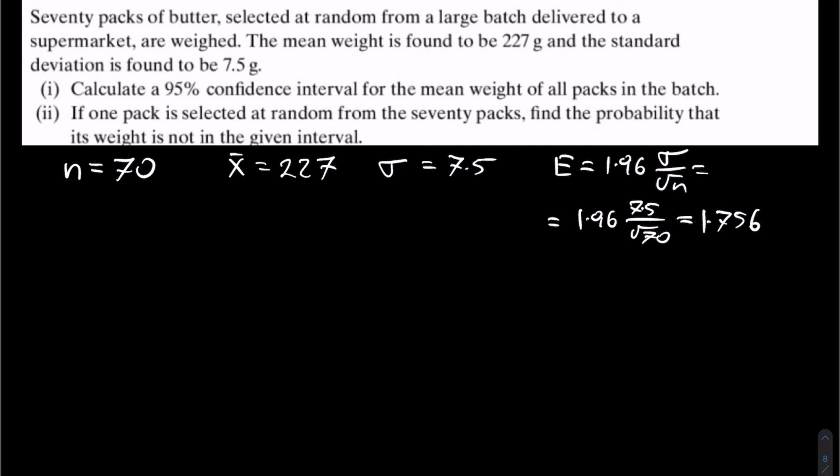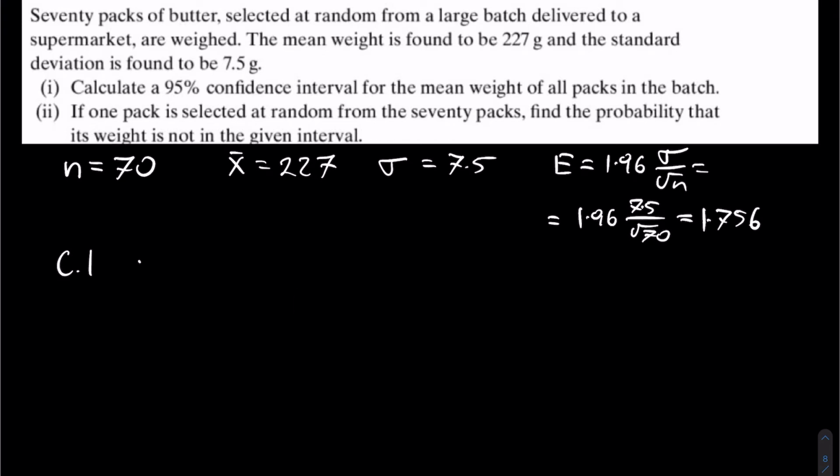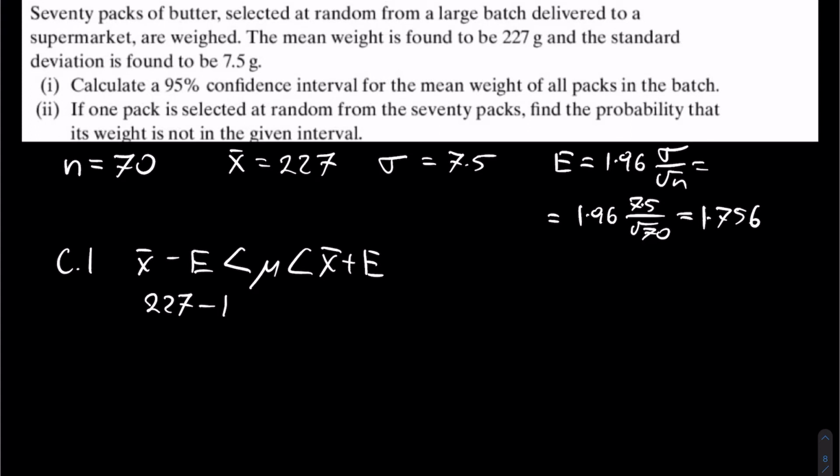Cool. So then, the confidence interval for the population mean will be equal to x bar minus e, less than the population mean, less than x bar plus the margin of error e. Substituting the values in, that's 227 minus 1.756 less than the mean less than 227 plus 1.756.